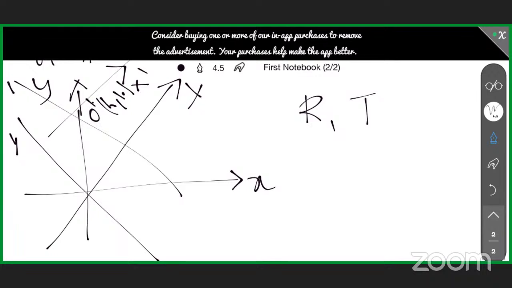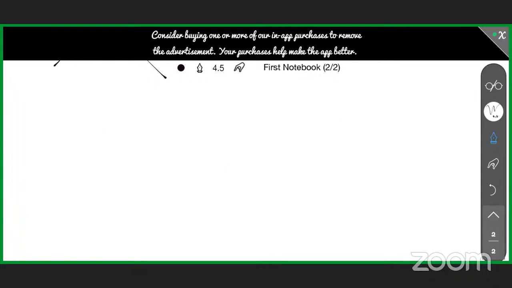Yes, sir. Now we'll learn the formula. In the old syllabus, the syllabus of the 2013-14 batch, we had a lot of theorems on this.